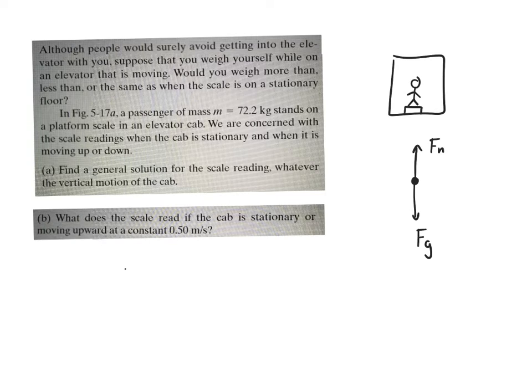We have it here. We know that the sum of the forces in the y direction equals ma. I don't write the x direction because there's nothing going on in the x direction. I know that Fn is pushing up, Fg is pulling down, and that equals ma_y. And just as we suspected a moment ago, in the case where there's no acceleration in between floors, Fn equals Fg.